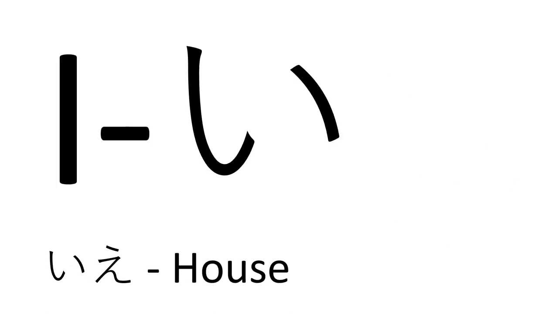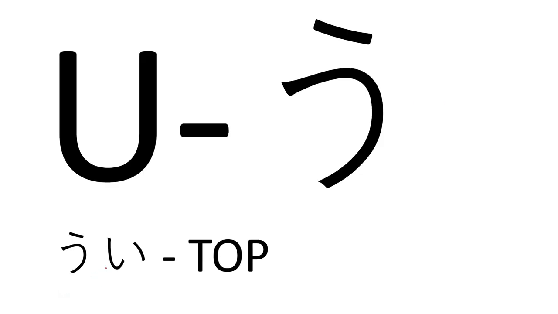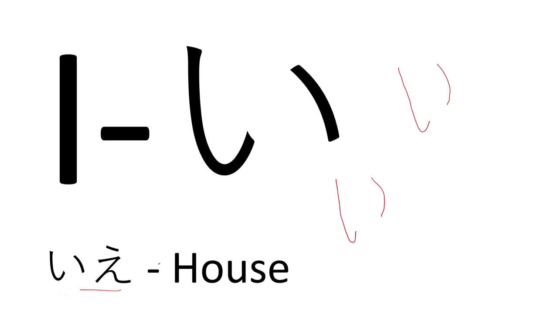The next one is I. First stroke, second stroke. Now I want to say a word to you. So the word is ie. It means house.